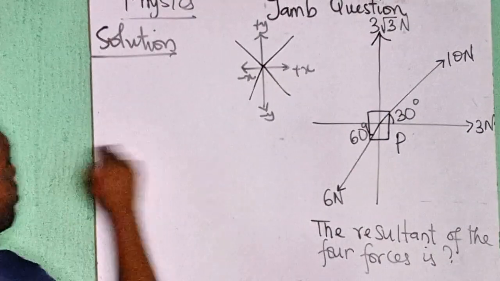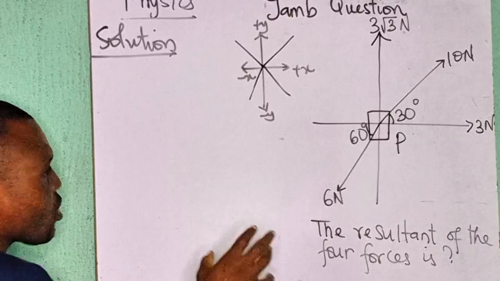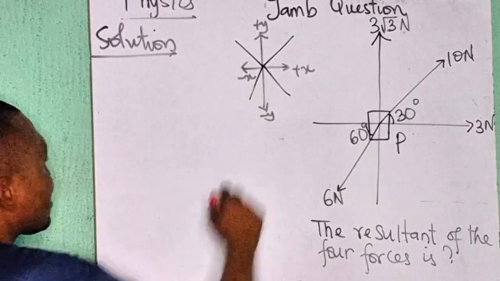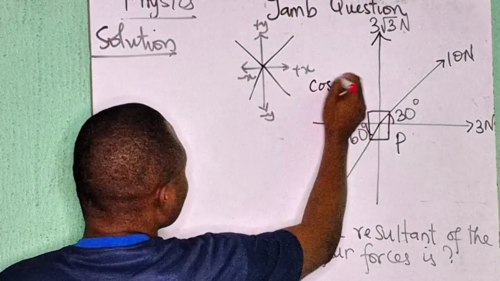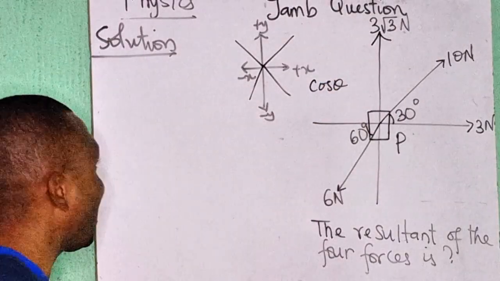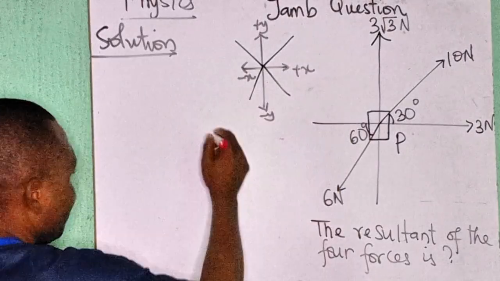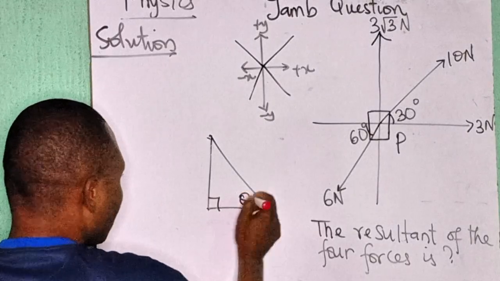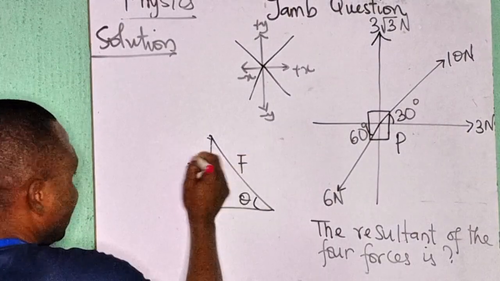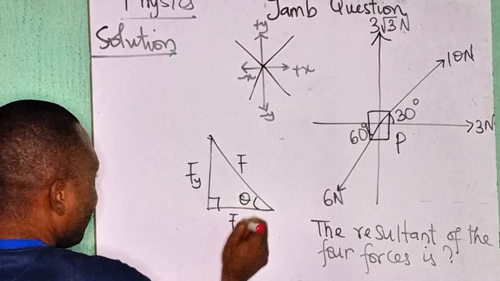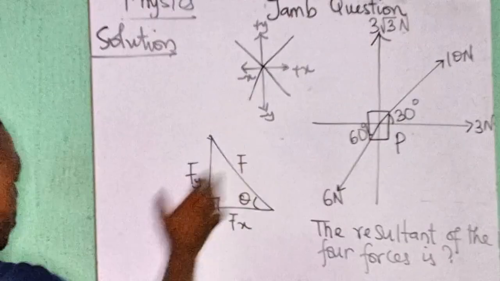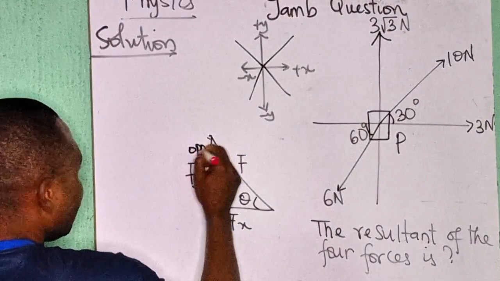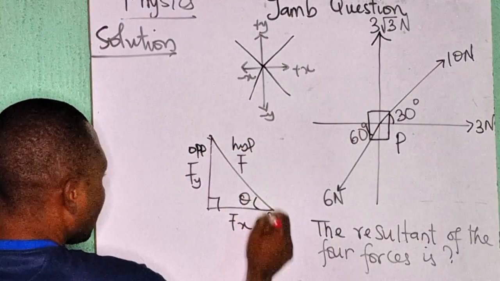Now, if you are resolving horizontally, it's going to be cos theta, the cos of the angle. How do I mean? Take a right-angled triangle with angle 90 degrees and angle theta, with f as the hypotenuse, fy as the opposite and fx as the adjacent.